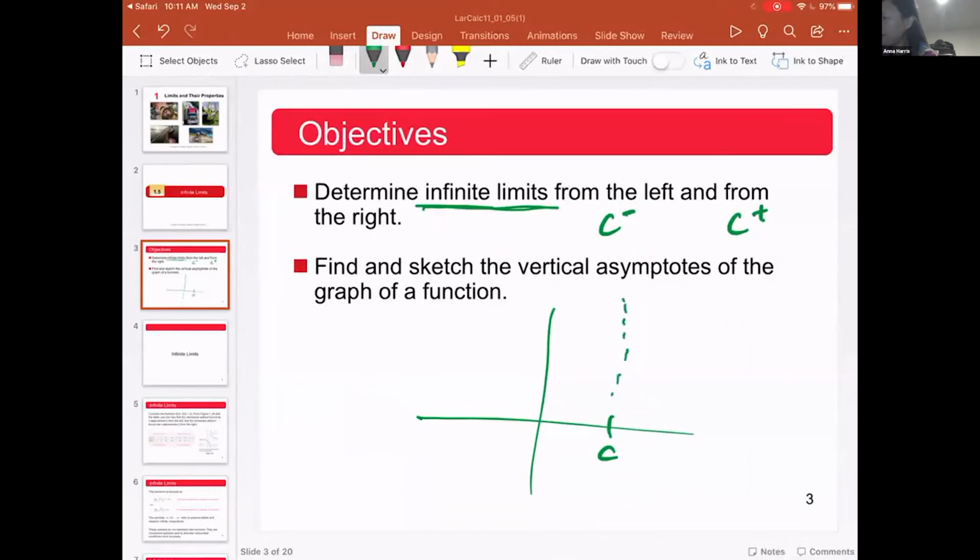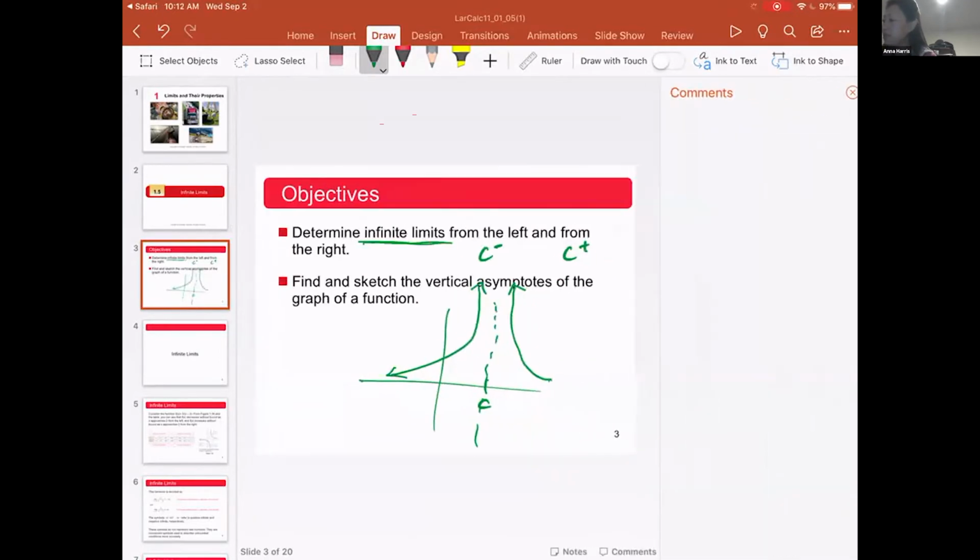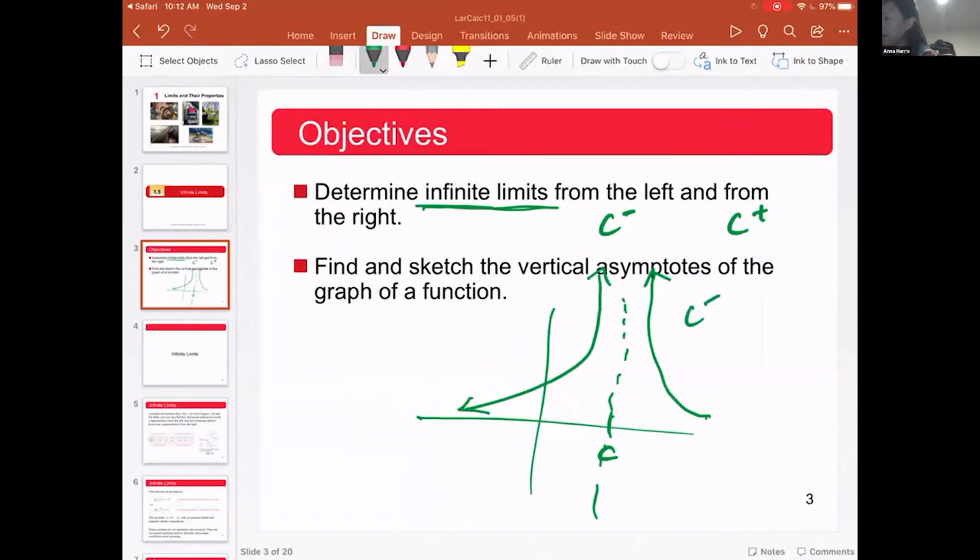If my graph looks like that, and this is the C positive side and this is the C negative side, you can see this graph keeps going up toward positive infinity. This also keeps going up to positive infinity. In this case, I'm going to say the limit as x approaches C of this function is infinity. That kind of thing we call an infinite limit.